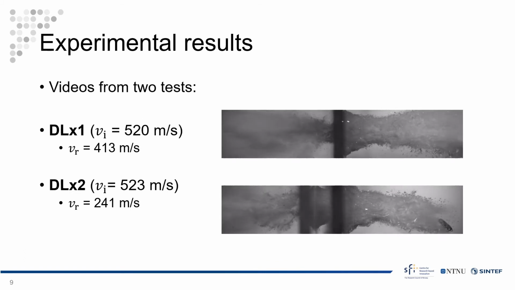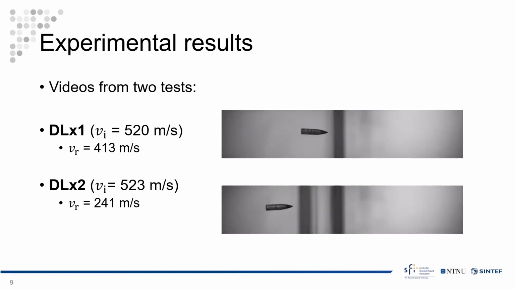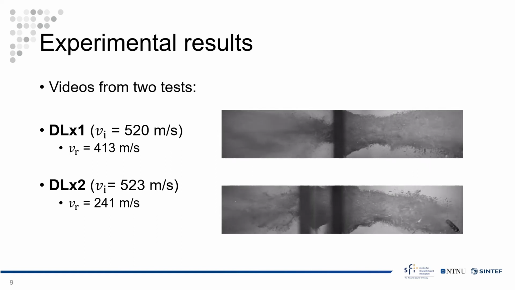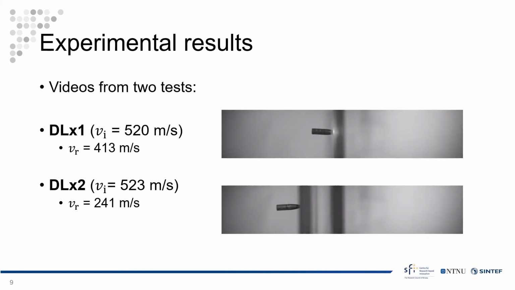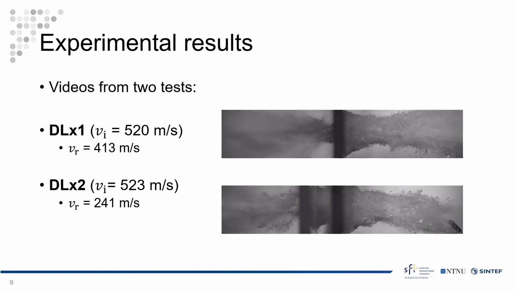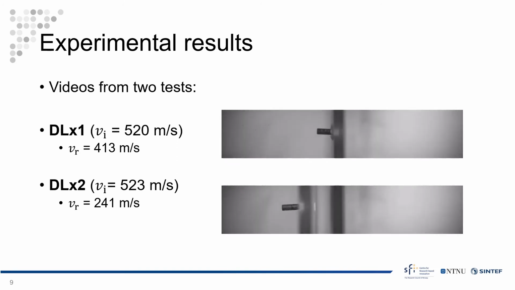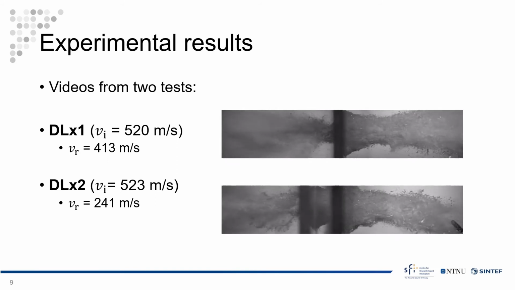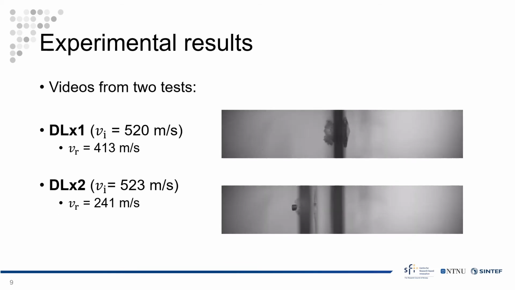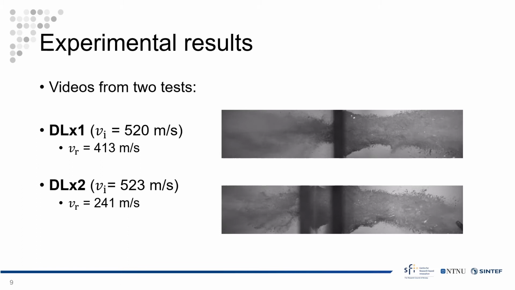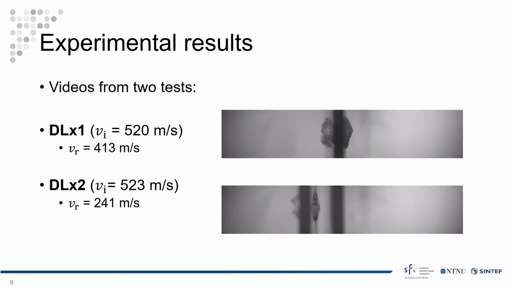Here I have included videos from two of the experiments, one DL1 test and one DL2 test. In the DL1 test, we used an impact velocity of 520 meters per second, and we obtained a residual velocity of 413. In the other test, the impact velocity is almost the same as in the DL1 test, and the residual velocity ended up being 241.